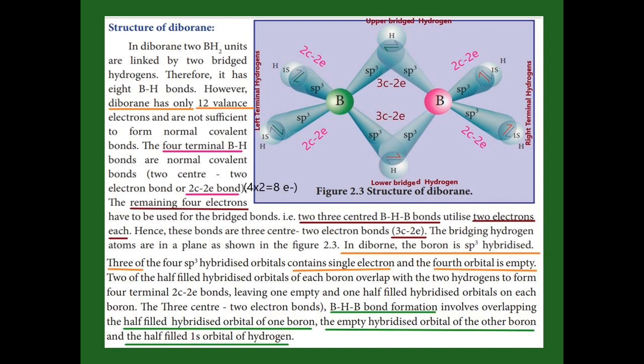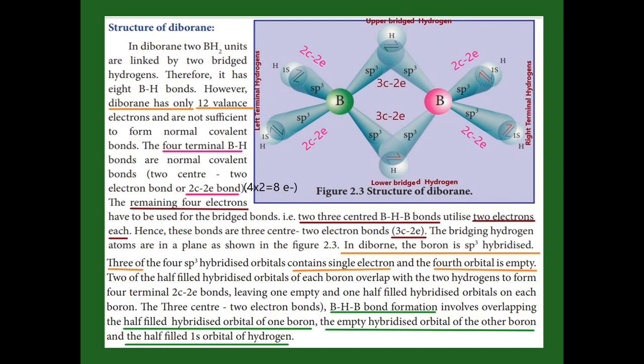Green color boron needs 8 electrons, and rose color boron also needs 8 electrons. Totally we need 16 electrons for normal covalent bonding. But in diborane, I underlined in orange color, it has only 12 valence electrons. Actually for normal covalent bonds, we need 16 valence electrons.